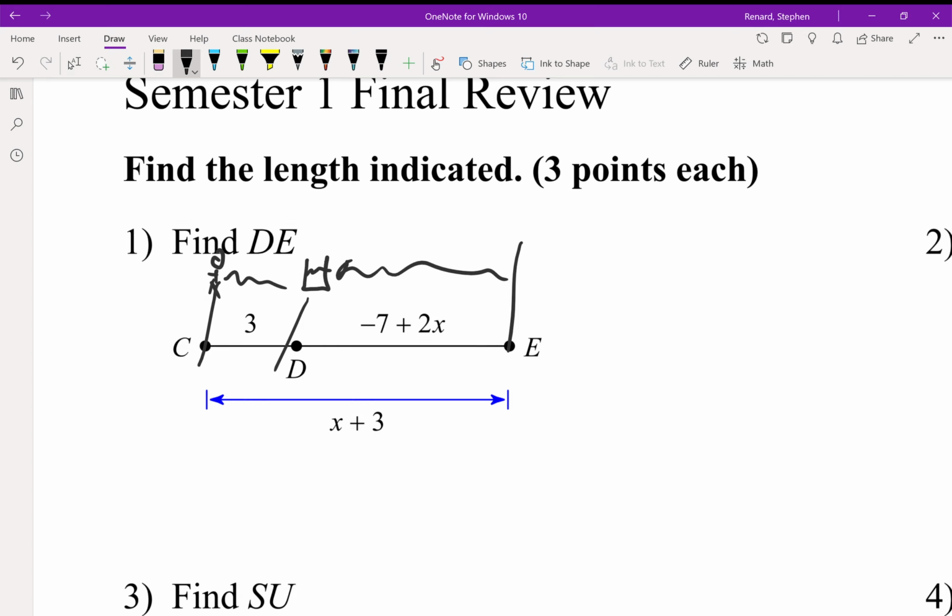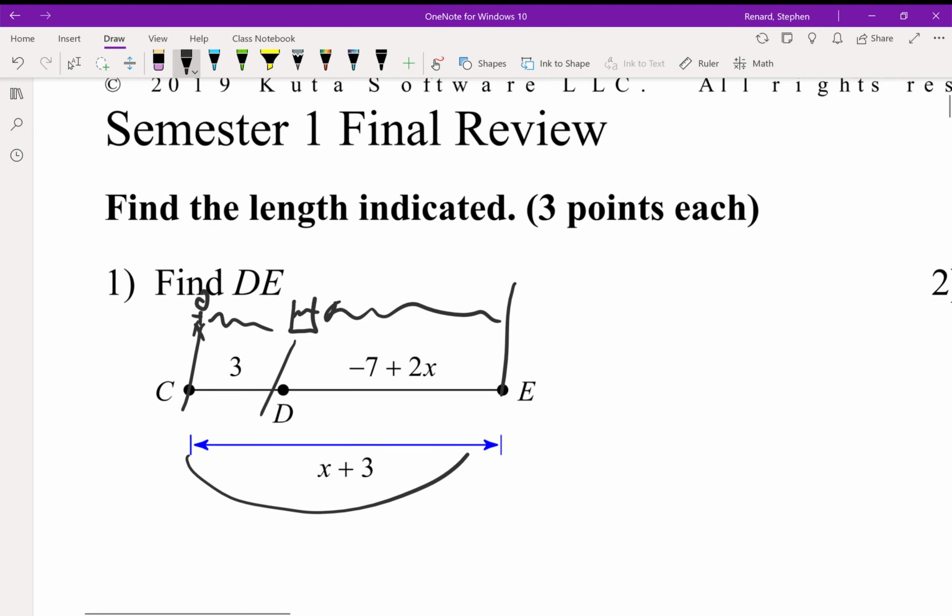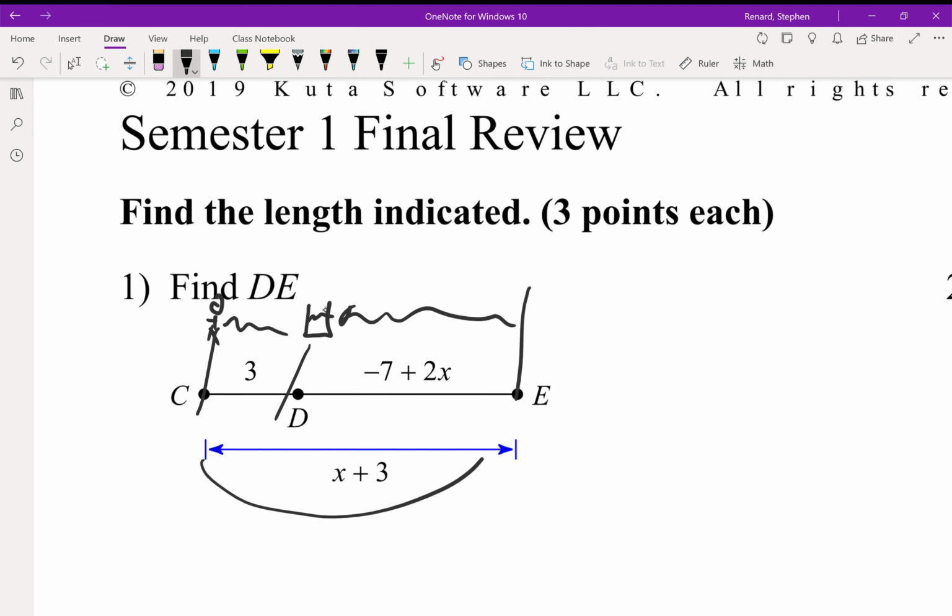So he walked from C to D, and then he walked from D to E. The total distance he walked would be x plus 3. So what we do here is we go from C to D is 3, from D to E is -7 plus 2x, and the whole distance we know is x plus 3.